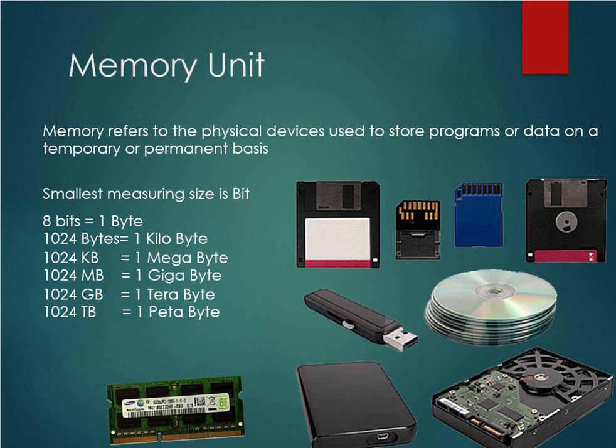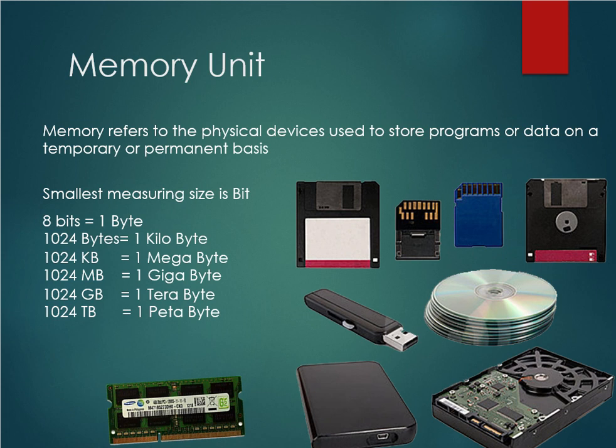And the next one is memory unit. Okay. These are the devices that we use to store programs or data on a computer. Some devices store data on temporary basis, some on a permanent basis.